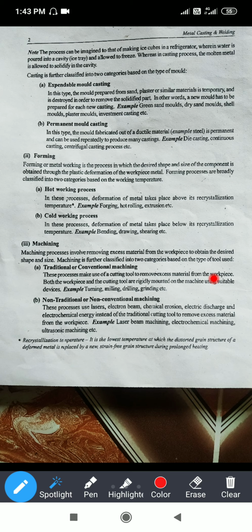Some external force is applied on the workpiece and it is extended. For example, if a 10 mm bar is there, by applying force on the 10 mm bar, it is extended to 20 mm. So whatever wires you are using, the steel wires or the copper wires, the thin layers, how are they prepared?